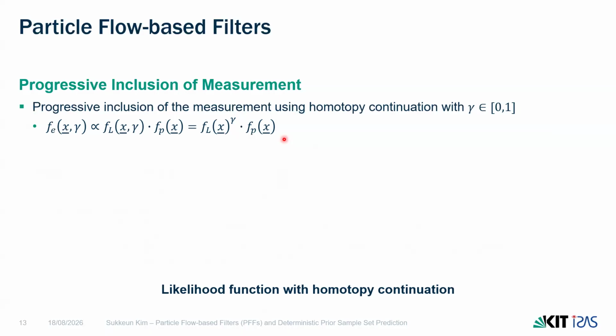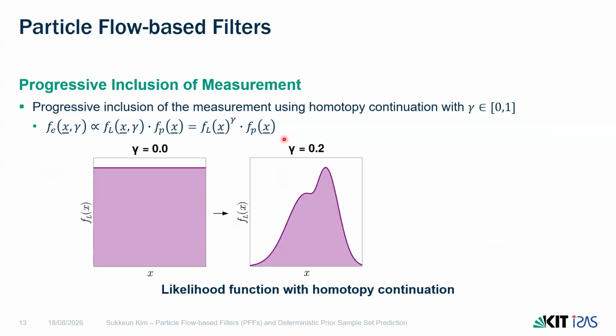This is one example, not normalized, so please don't worry about the area. Let's say we have a likelihood function; when gamma is equal to 0, it's non-informative. When gamma grows, then at the final step we will have the exact likelihood that we wanted to use from the beginning. So this is the concept of homotopy and the artificial time.